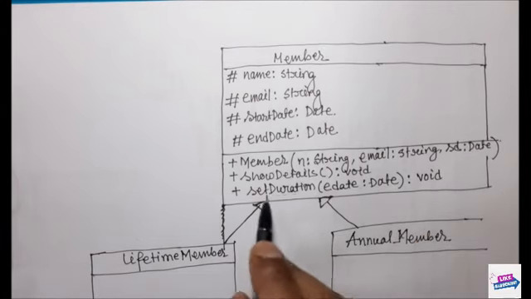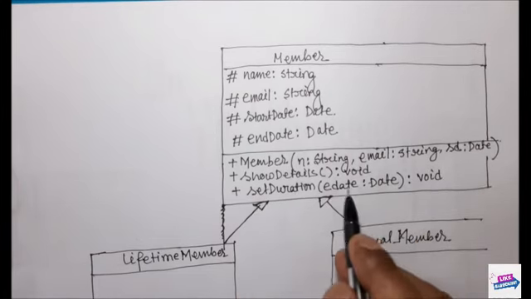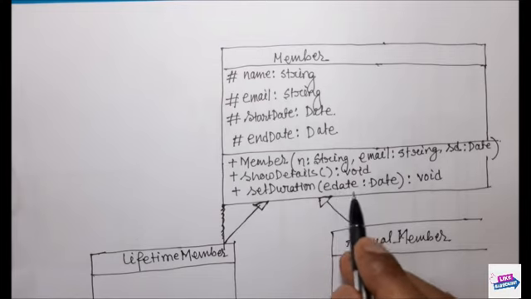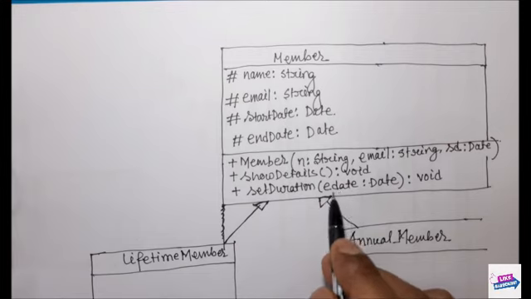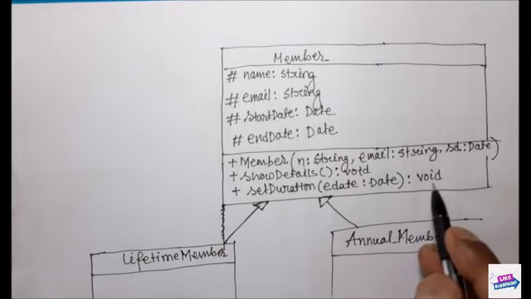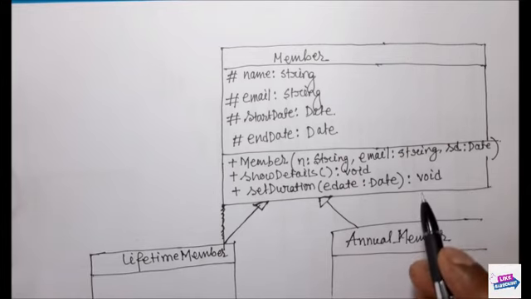This is the name of the method, and this is the data type of the argument. The number of arguments here is 1, the name is edate, the data type is date, and return type is void. So I will set the duration.